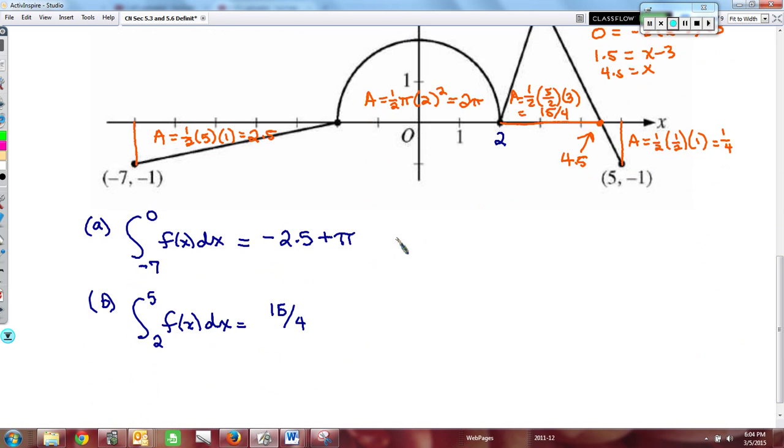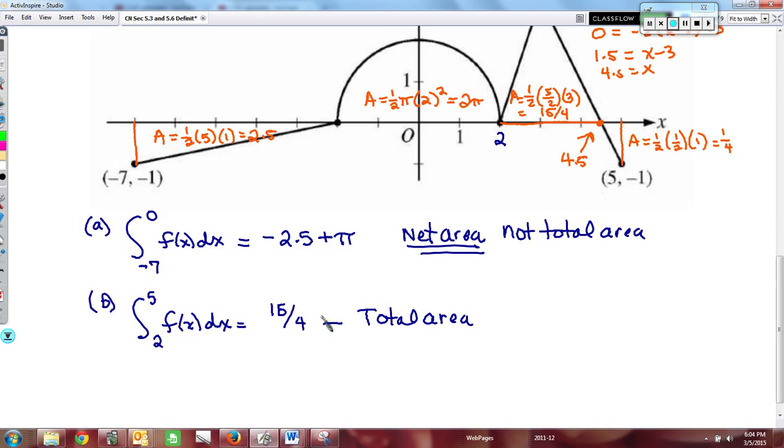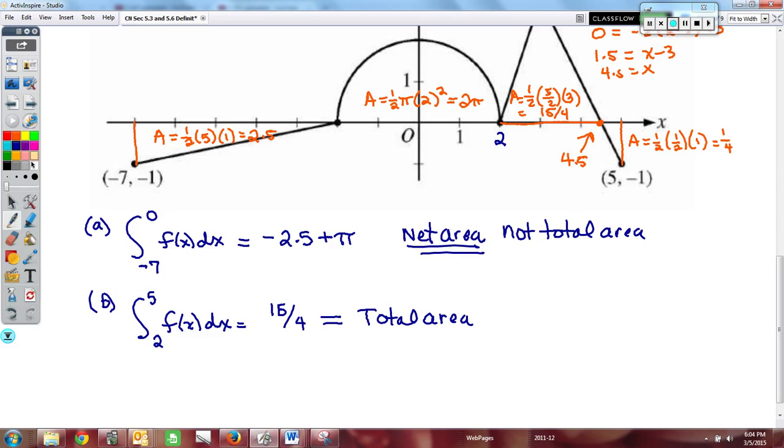The answer is this one is net area, not total area. The reason that this one was only net area and not total area is because you had a negative portion of the graph. This one right here is total area because our function was positive for the entire interval 2. Oh, you know, I need to say no. You know what I forgot to do there?